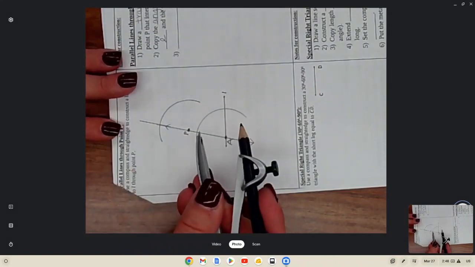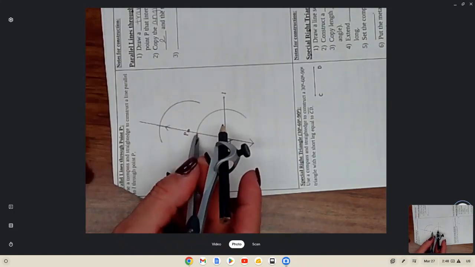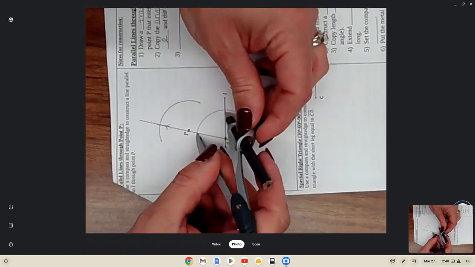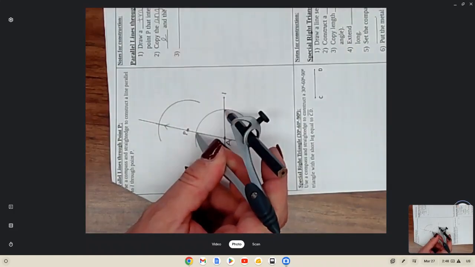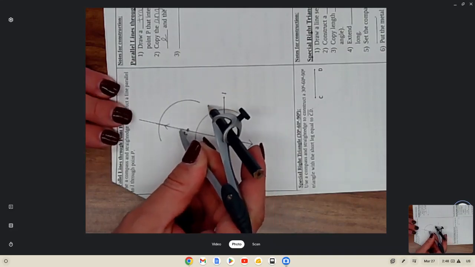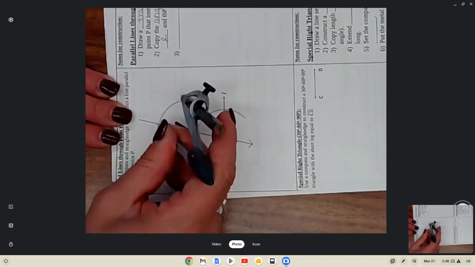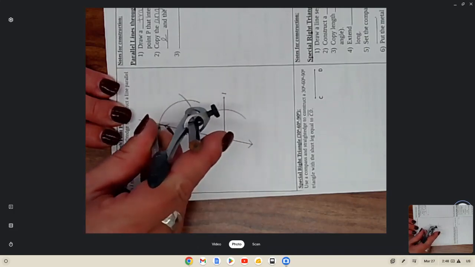Then I'm going to take my compass. I'm going to put the pin right here. And I'm going to open up the pencil to where that arc intersected line L, so I can see what that distance is. Then I'm going to move up here and make a little mark in that same distance.